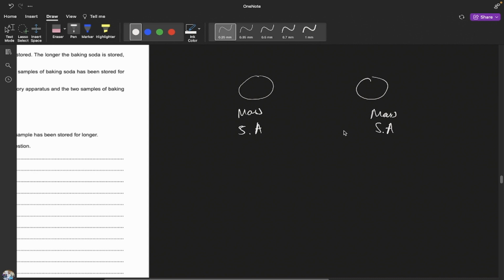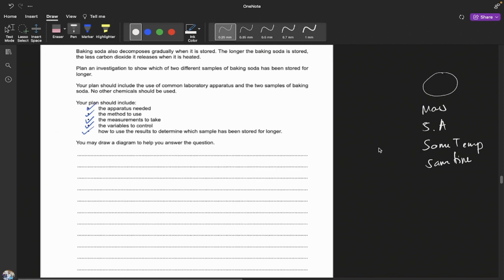Next, when it comes to heating, both should be given the same temperature for the same time. So these are the controls you have to use.